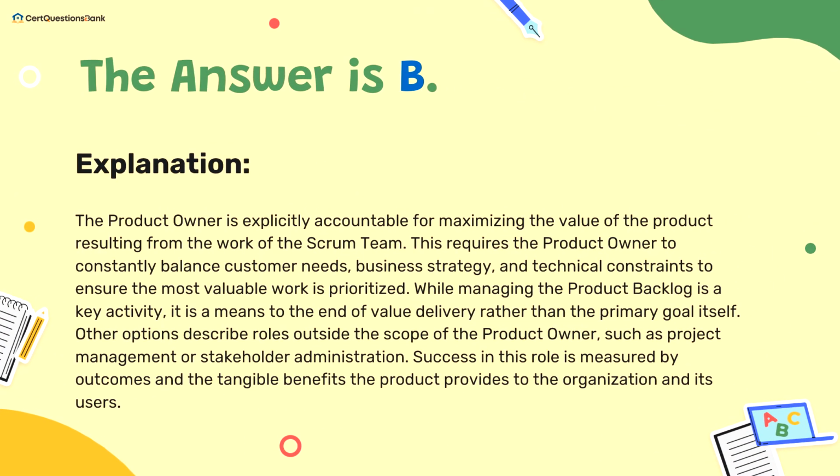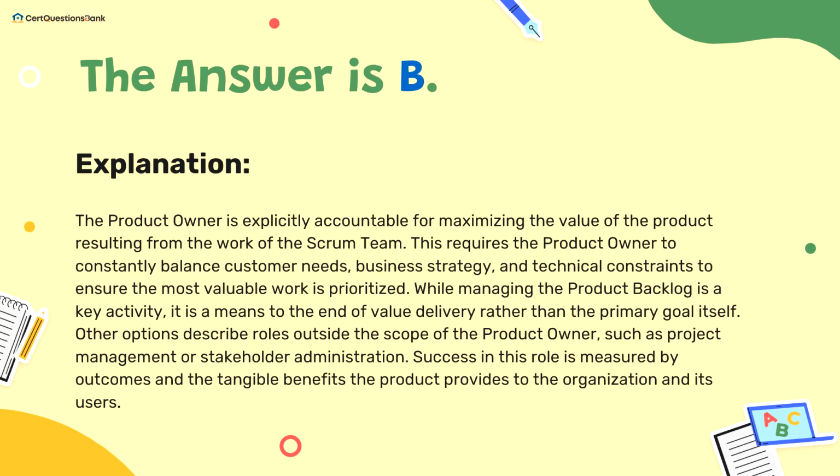The answer is B. The product owner is explicitly accountable for maximizing the value of the product resulting from the work of the Scrum team. This requires the product owner to constantly balance customer needs, business strategy, and technical constraints to ensure the most valuable work is prioritized.